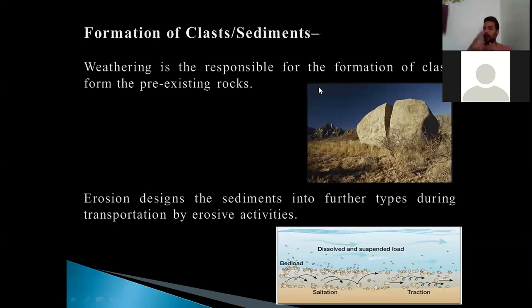For example, if you have a very hot climate, like in deserts, you will get dominance of mechanical disintegration, because the water quantity in the air is very less and hence chemical decomposition is suppressed. But if you go to a tropical region where the humidity is high enough to ignite chemical reactions, you may get mechanical disintegration as well as chemical decomposition.